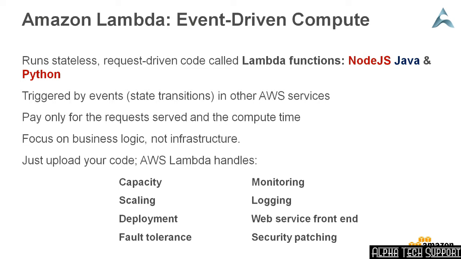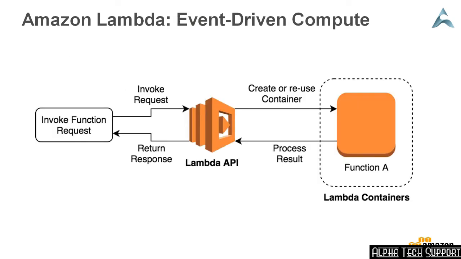So how does this work in an event-driven compute manner? AWS Lambda comes with two fundamental components: the Lambda API, as you can see in the center, and Lambda containers.